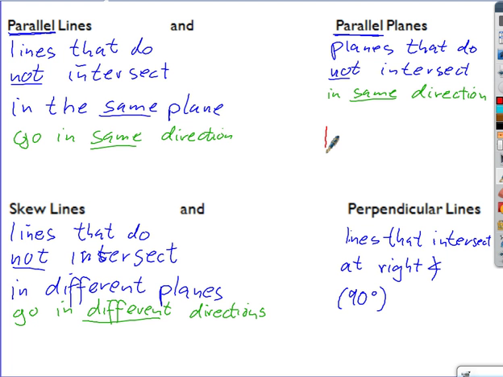We could imagine a little drawing like this. Usually we draw planes like little squares or rectangles, even though, remember, they're not really confined like that. Planes continue until infinity. And here I'm drawing for you two planes. One is behind the other one. That's what that dashed line is for. And they go in the same direction, and because they go in the same direction, they will never intersect.